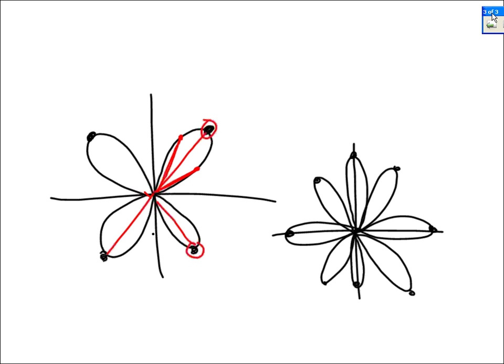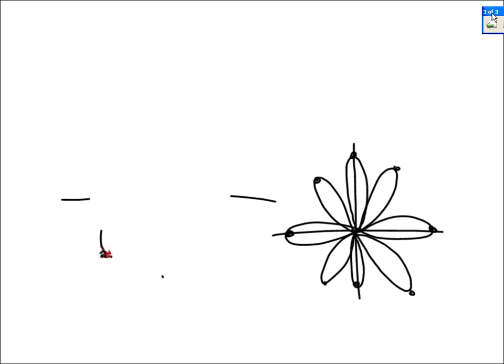There's only 4 points where R is the most. In fact, all this distance and this one and this one and this one, they're all the same. So if we just found out where R is the most, then we'll be okay.